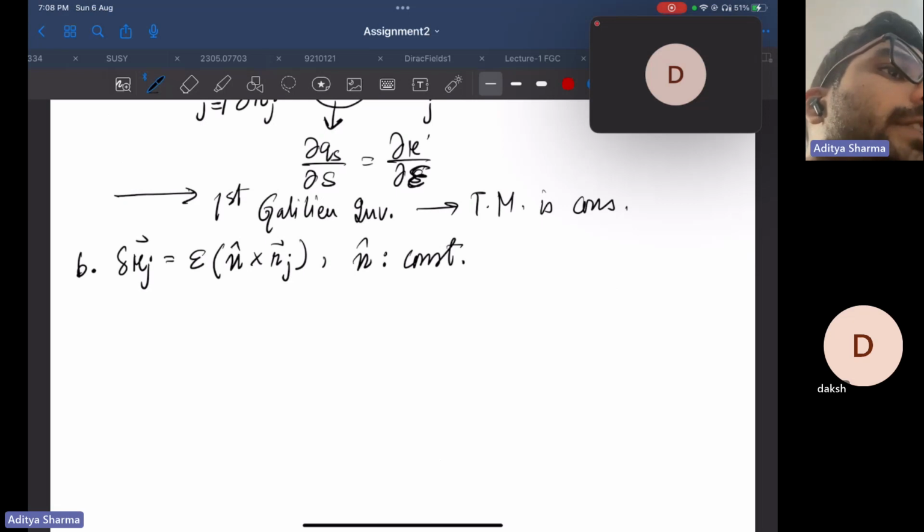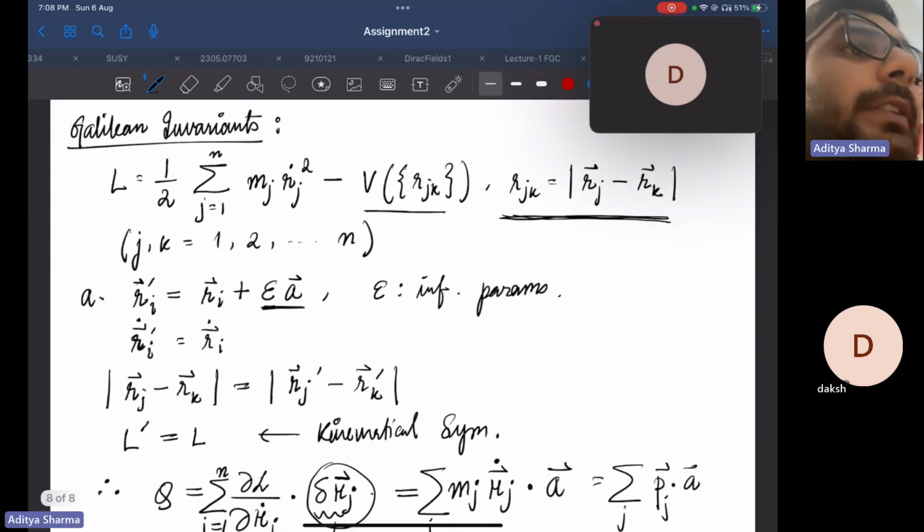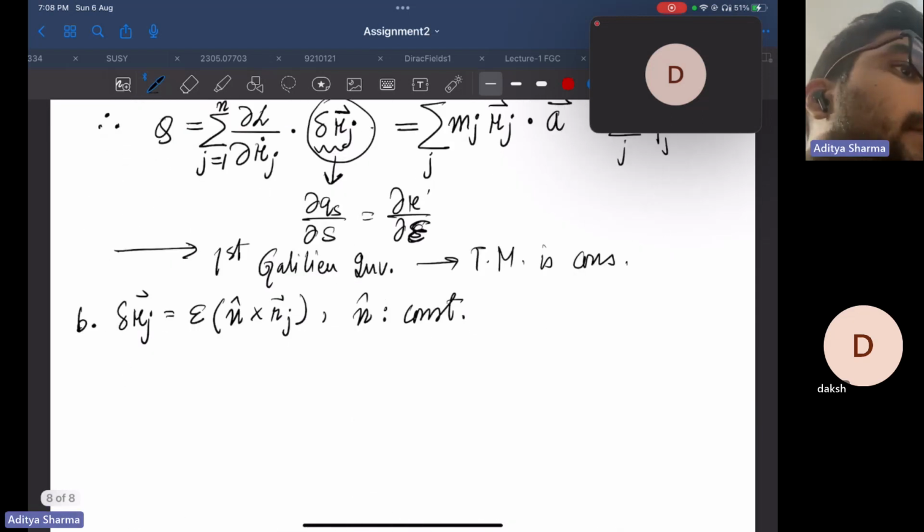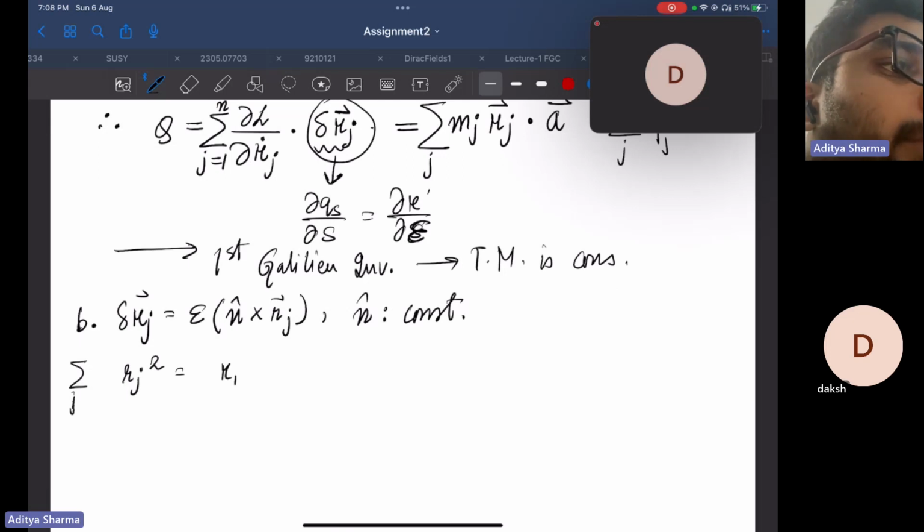Now under this rotation, you can show that this remains the same and also this remains the same. It is very easy to show that Rj squared remains the same, because you can think of Rj squared as a matrix: a row vector times a column vector.